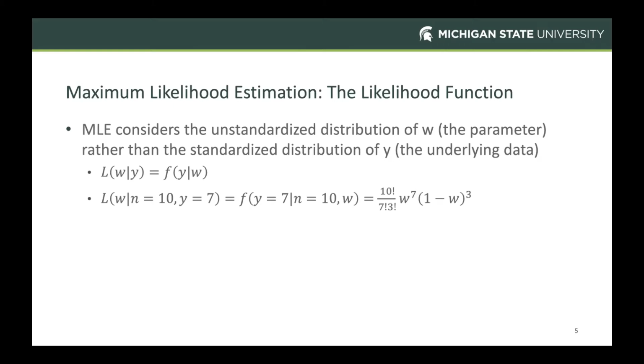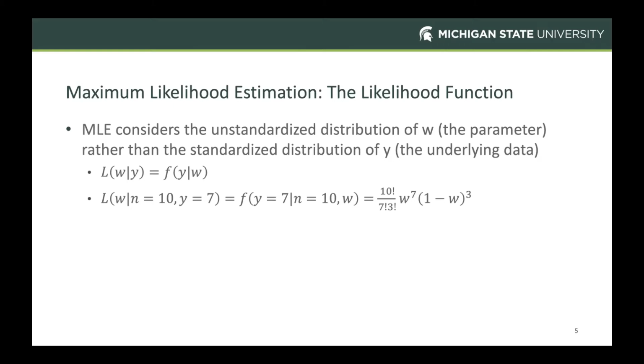And so if we think about that likelihood function, it's going to be very similar in nature to what we had seen previously, except as you'll notice here, instead of having our y's and n's, those data are given by our sample, and so we're solving for the w, which was one of the given conditions previously.